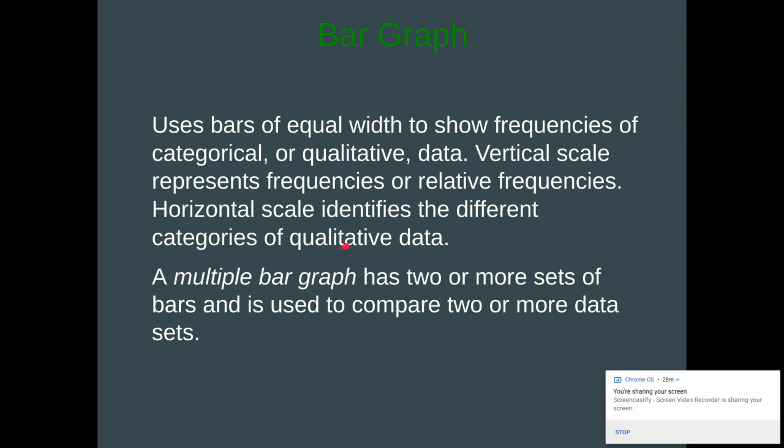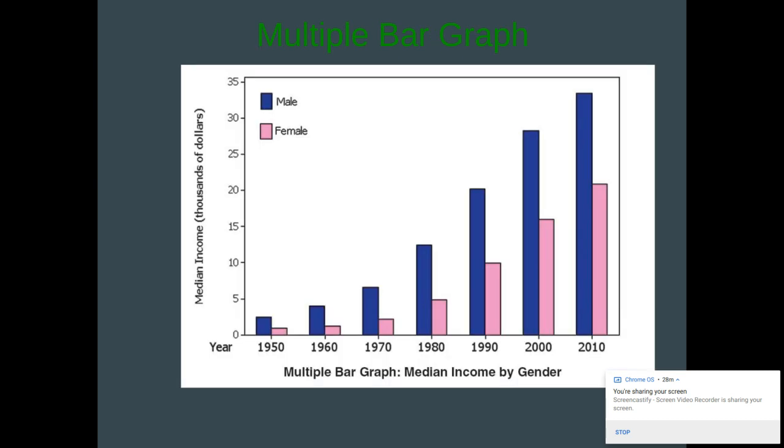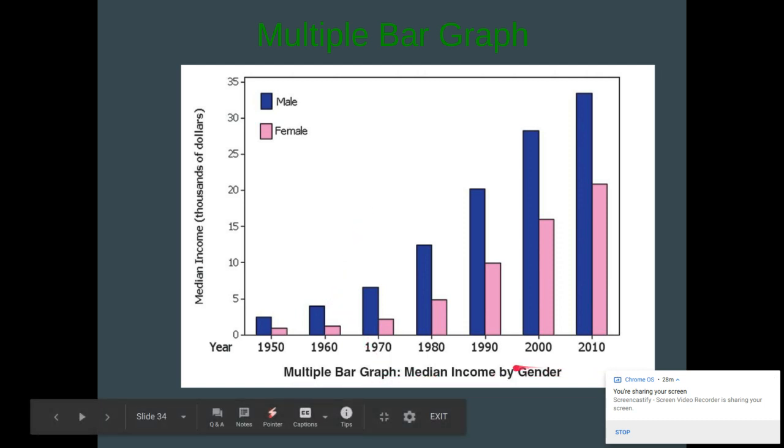Bar graphs. Bar graphs are different from histograms in that they have gaps between their bars. You can overlay different bar graphs on top of each other. They can be really good, but they can also be misleading. Here we can see a multiple bar graph of median income by gender, based on year, with income in thousands of dollars.